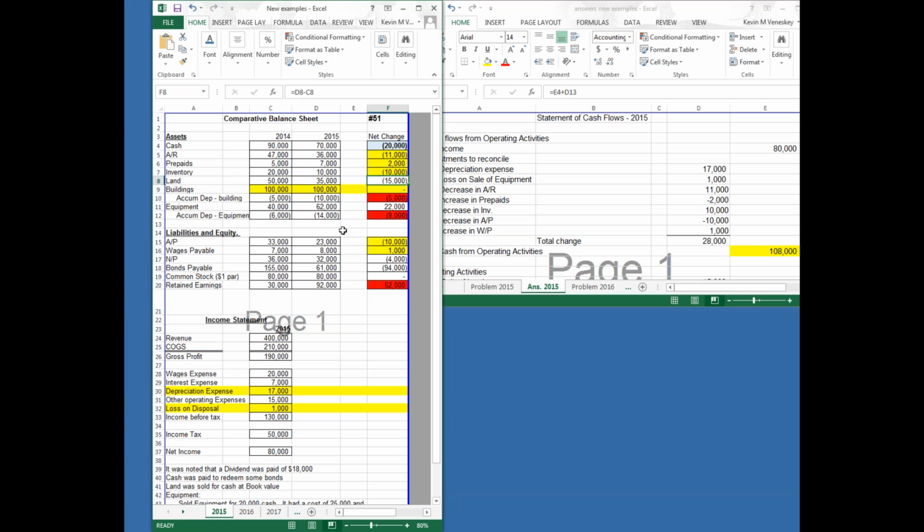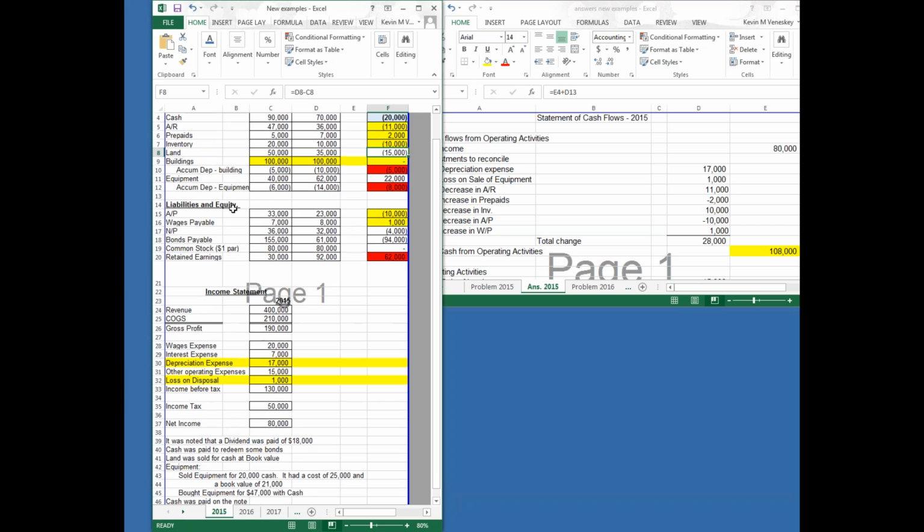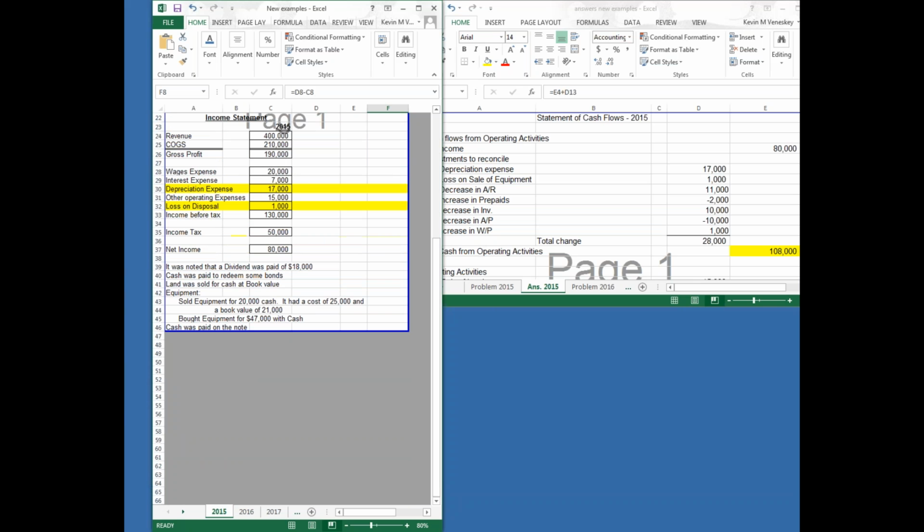And did it go down because I got money, or did it go down because my customer is going to pay me later? And at this point, anytime we do something in the next 2 sections, we should make a journal entry just to get a visual. So land was sold for cash at book value.